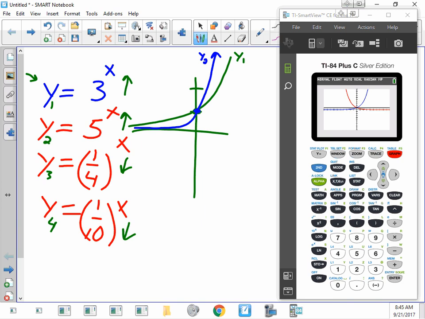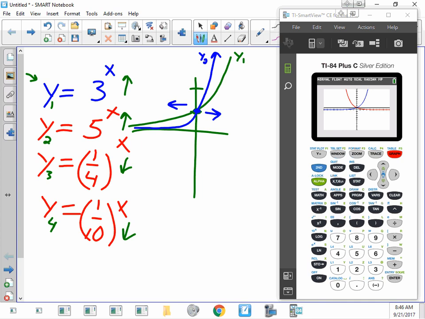On the right side, y2 is higher because it's growing faster. But if we look on the left, y1 is higher because y2 is shrinking faster. Does that make sense? So if we go forward in time, y2 is growing faster. But if we go backwards in time, y2 is shrinking faster. Does that make sense?